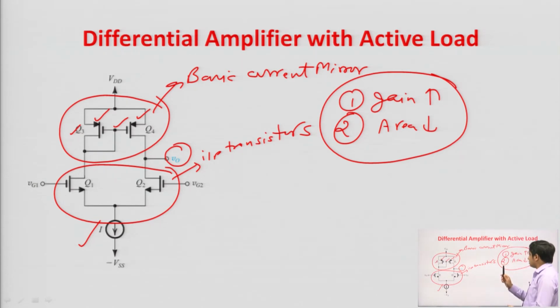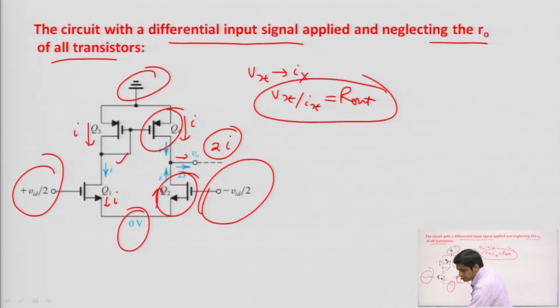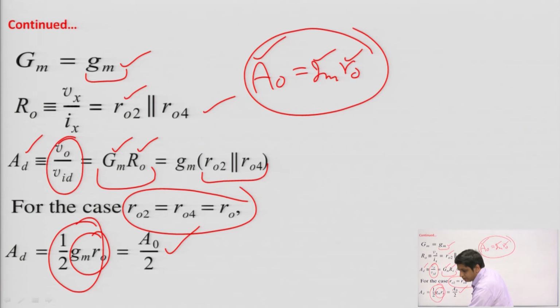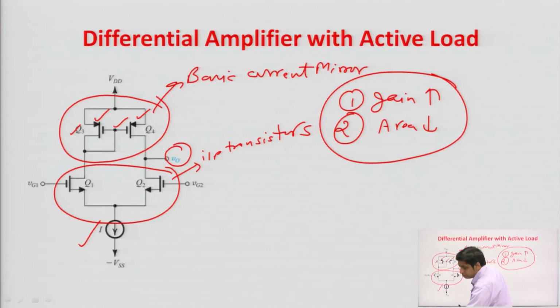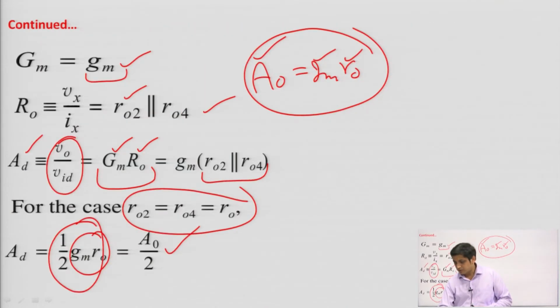You can see that we are getting the gain gm into ro2 parallel to ro4. So, in the active load case we get higher gain, and the area is less because there is no resistor in the circuit. These are the two main advantages of the differential amplifier with active load.